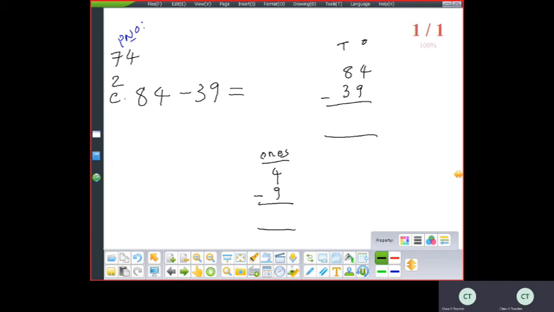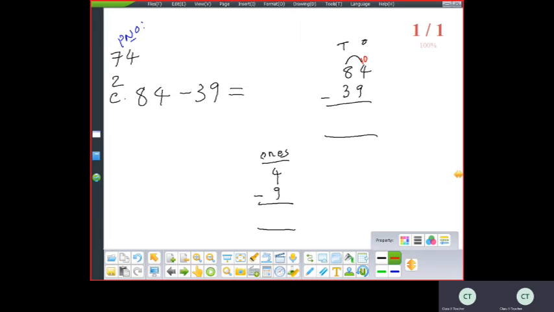We cannot take a bigger number from a smaller number. This time we need to borrow from the beside number. From 8 tens, we take 1 ten as borrow.